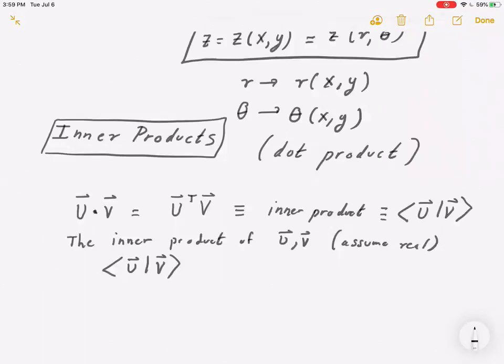Okay, so this inner product has two parts. The first part is something called a ket, and that's just really a vector in column representation.